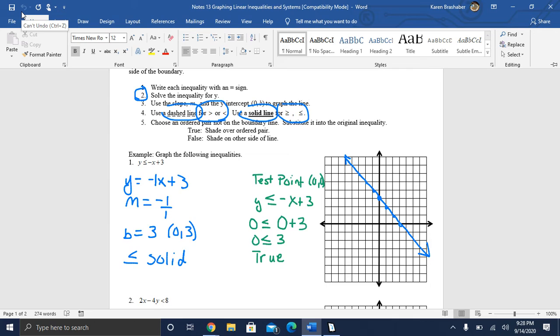So we want to locate where the 0, 0 is in relation to the boundary line. Since we had a true statement, we want to shade on the same side as the 0, 0. So we'll shade on this side of the boundary line.